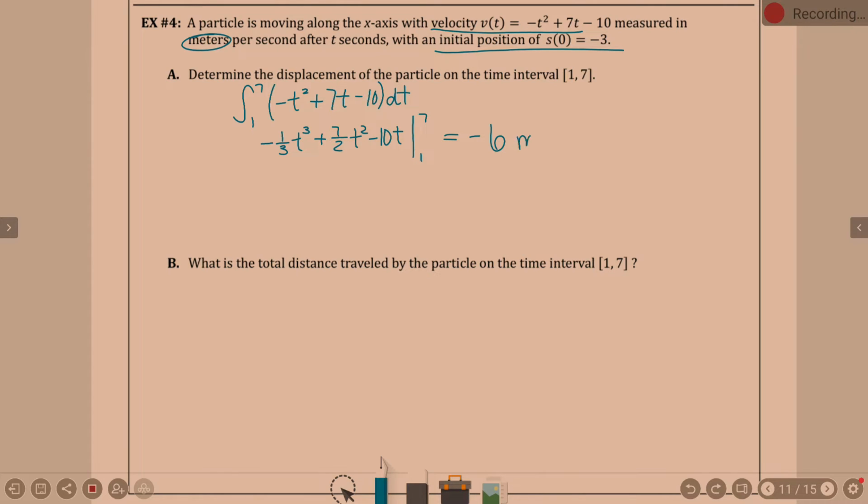Okay, so that is a negative 6 meters, which means what? We're 6 meters to the left of where we started. Right, to the left. Just realizing because it's negative, that is 6 meters to the left.